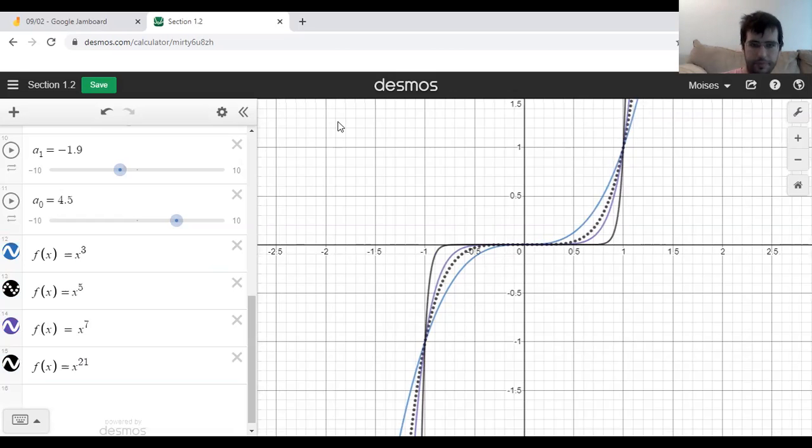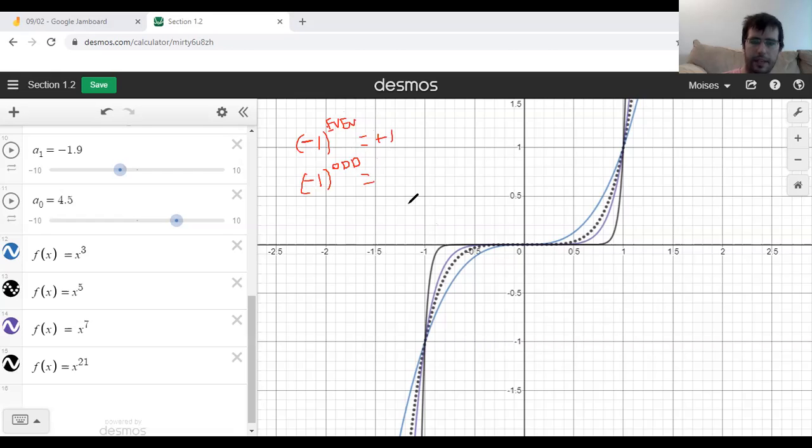Why is this difference? Well, that's because if you take -1 to an even power, or any negative number to an even power, you get +1. So all the even powers are positive functions.